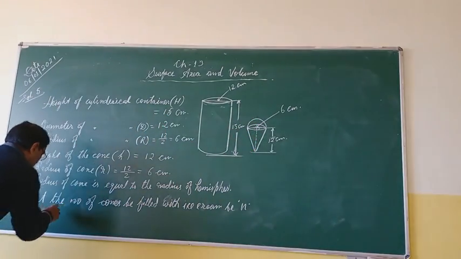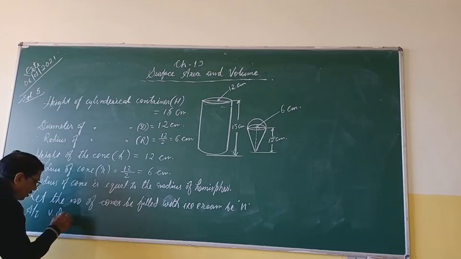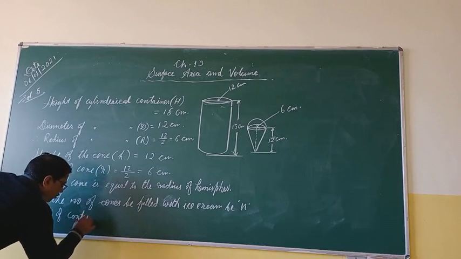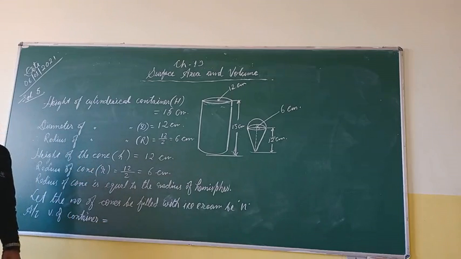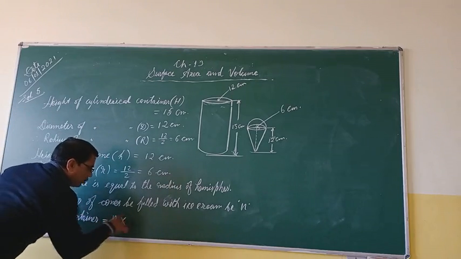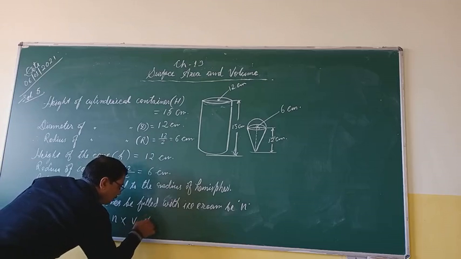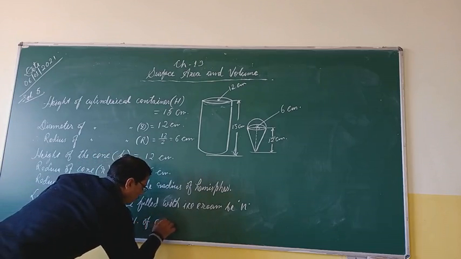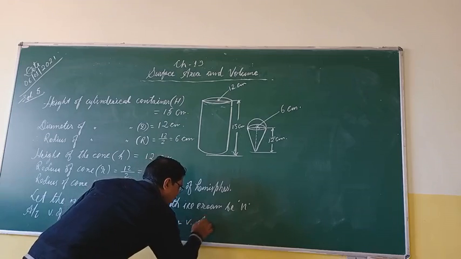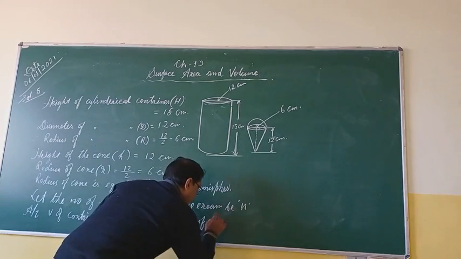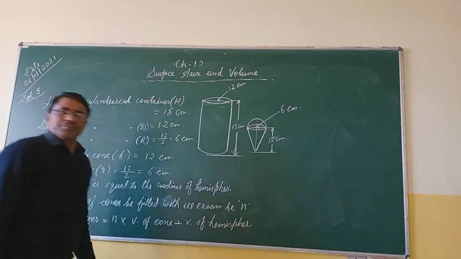So now, according to question, volume of container is equal to n into, n is the number of cones, volume of cone plus volume of hemisphere.